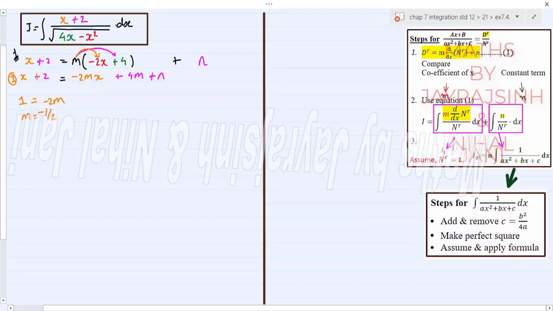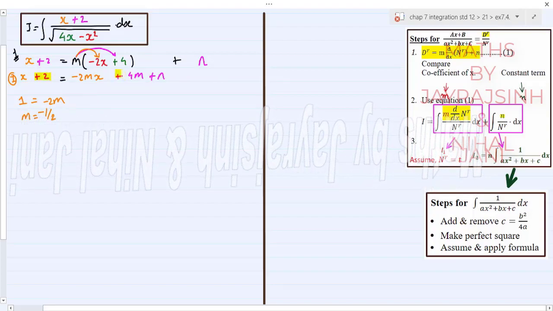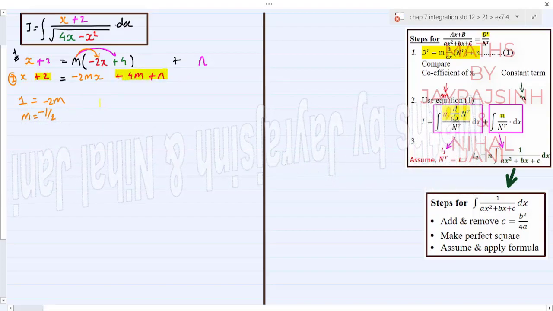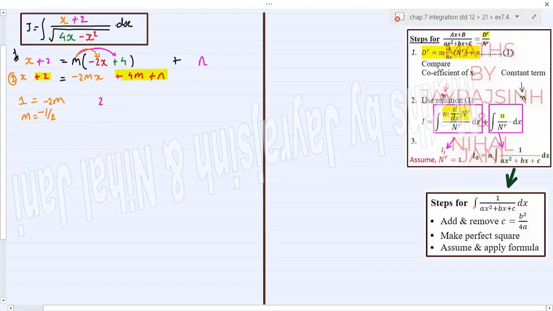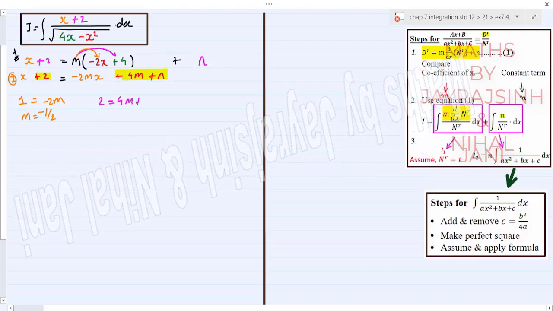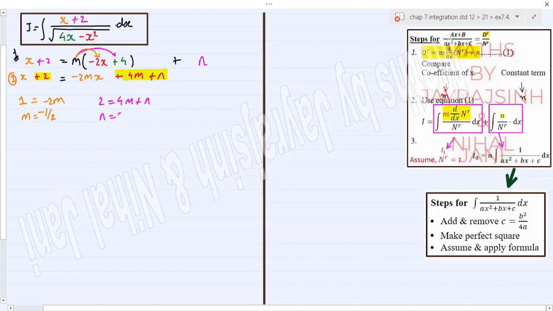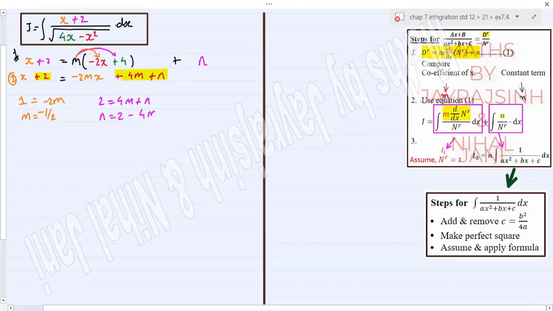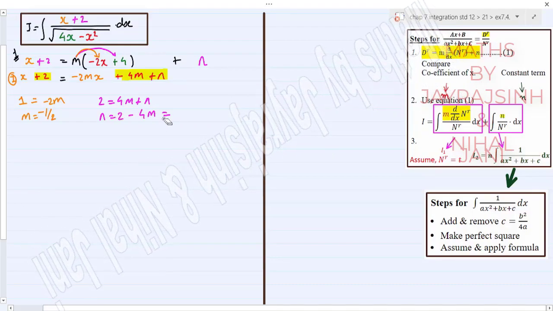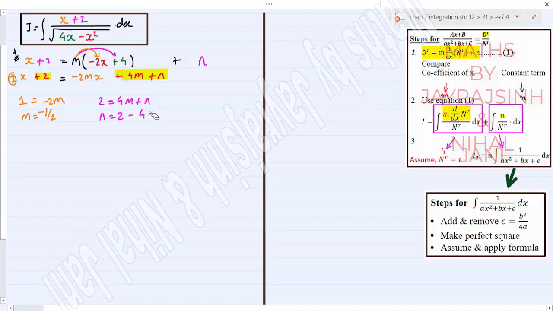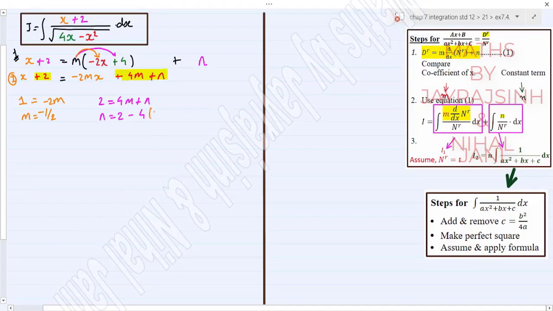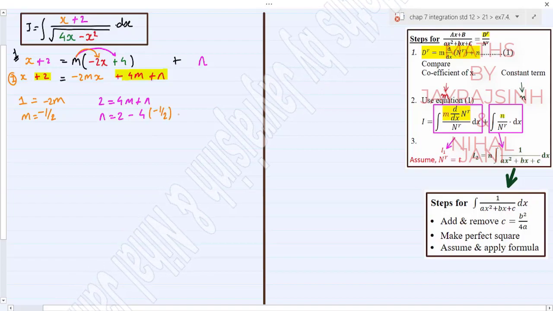Now let's compare the constant terms. So we will get 2 is equal to 4m plus n, or we can say n is equal to 2 minus 4m. Let's substitute the value of m, which is minus 1 by 2.